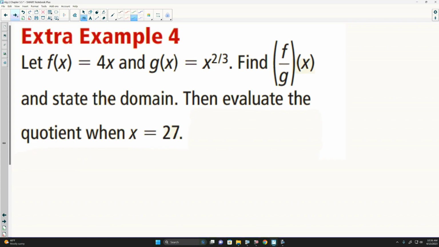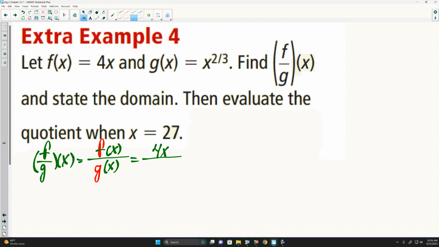Let's look at this one here. F divided by g of x is the same as f of x divided by g of x. F of x is 4x. G of x is x to the 2/3.